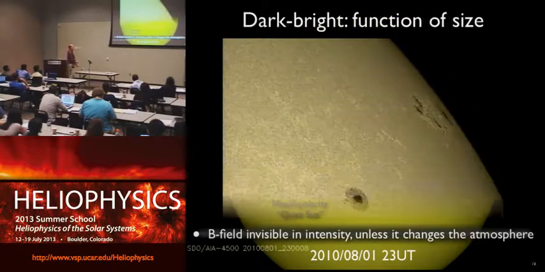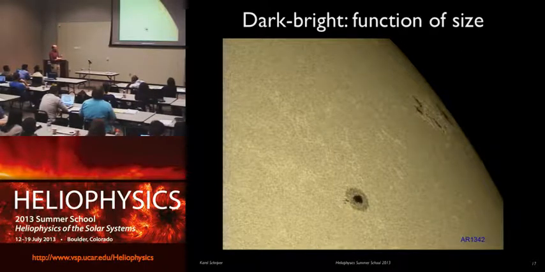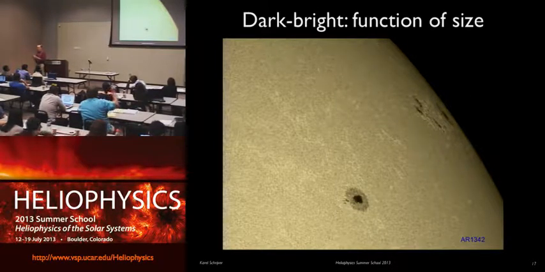Okay, this is part of what you need to understand in order to understand the irradiance variation that has to do with faculae and sunspots. The sunspots are the largest concentrations of magnetic field. What we call the faculae, these little bright areas around here, are the signature of the surrounding magnetic field that's smaller in concentration.